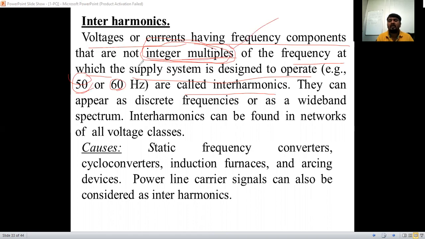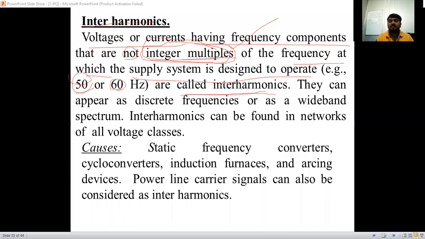And if they are not integer multiples, that is called interharmonics. This is the definition.